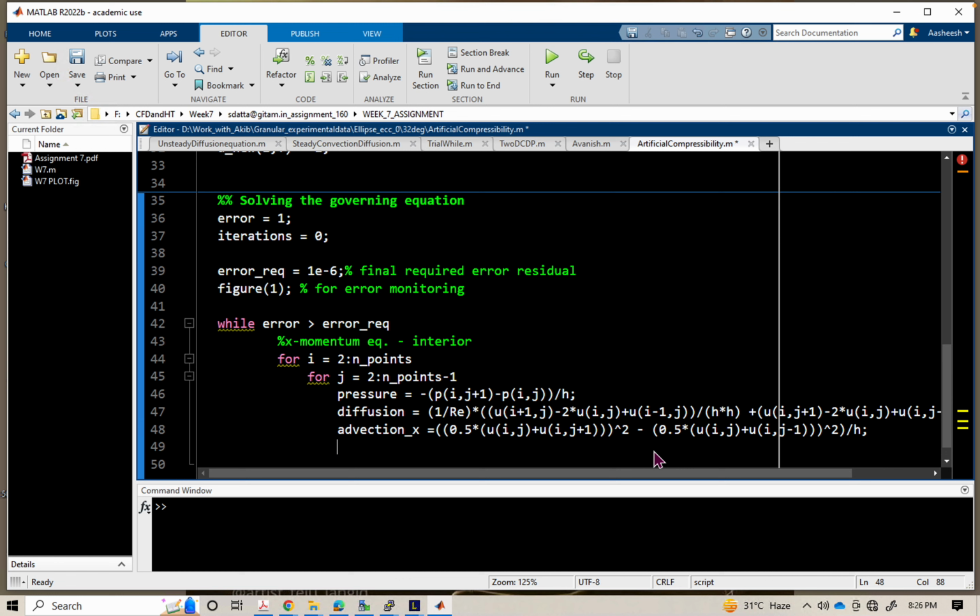And then advection in y. Just go and watch the advection discretization in my picture, then you will understand.